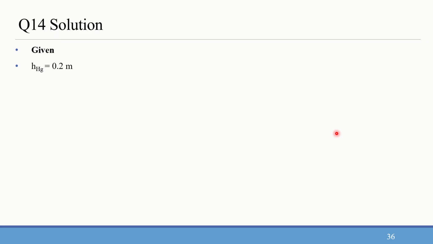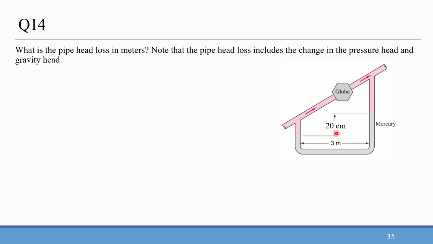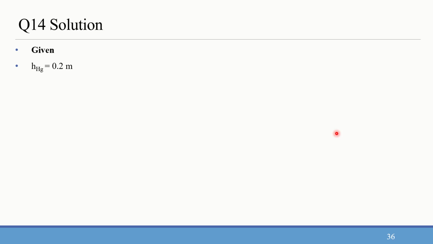So what is given? It is 20 centimeter. So the mercury height difference is 0.2 meters, and the formula is simple: total loss is equal to mercury head loss into rho mercury by rho water minus 1.